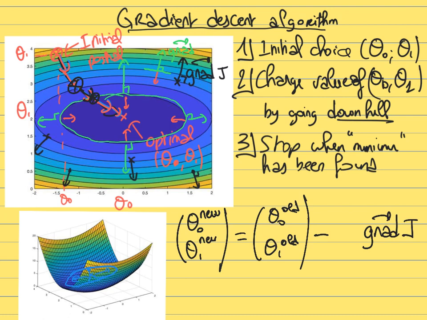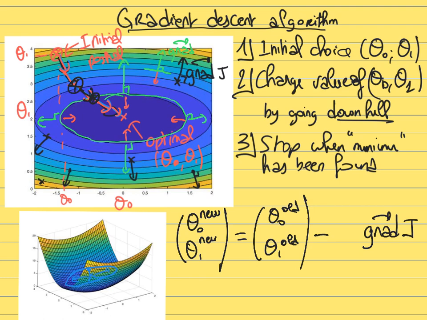Now that you have defined the direction, so you always move towards the negative gradient, you need to define how much you are going to move. In order to define how much you move, you need two things. You need to define the direction. So one thing is to say, I'm always going to go downhill.